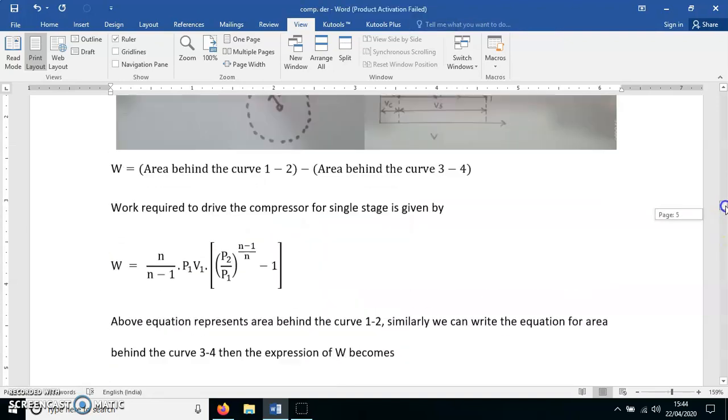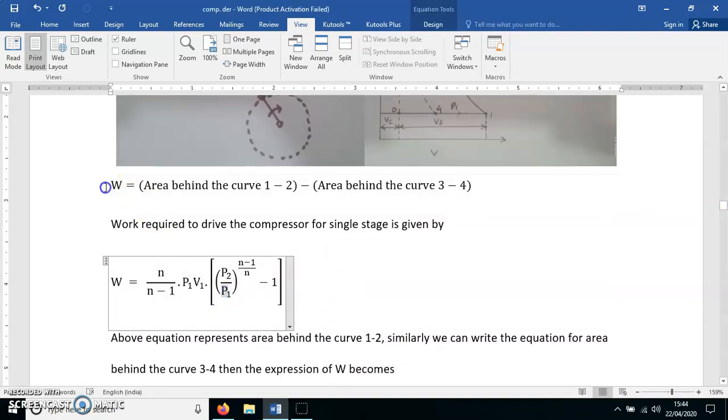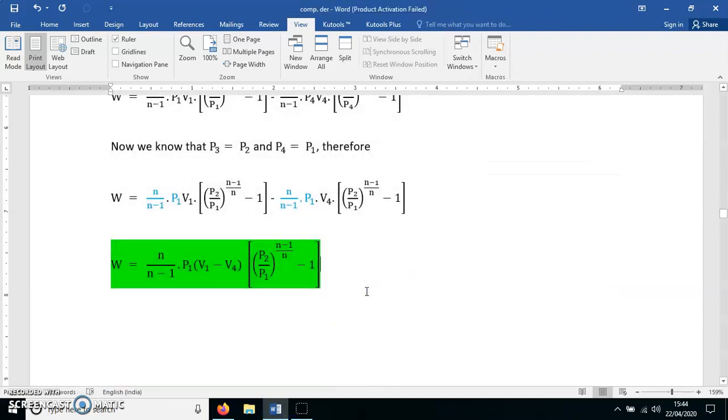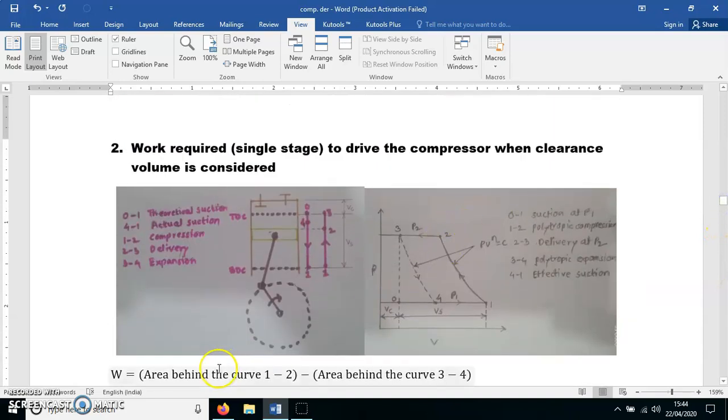You can't straight away start from here, otherwise your marks are reduced. So remember, when the work required to drive the compressor when clearance volume is considered is asked in the examination, first you have to derive the equation for work when clearance volume is neglected, and by taking the reference of that equation, you have to sketch this figure and start from here to arrive at the final equation.